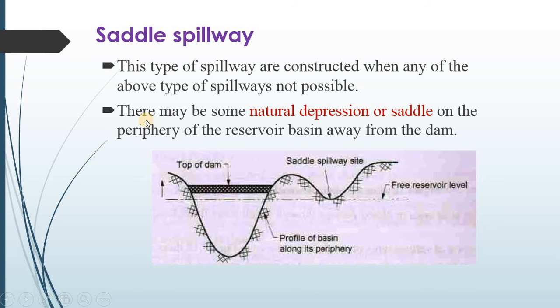It is simple. There may be some natural depression or a saddle. So in this figure you can see the saddle is a natural depression on the periphery of the reservoir, like a basin away from the dam. Such a construction is called the saddle spillway, which allows overflowing of the dam during the flood period.